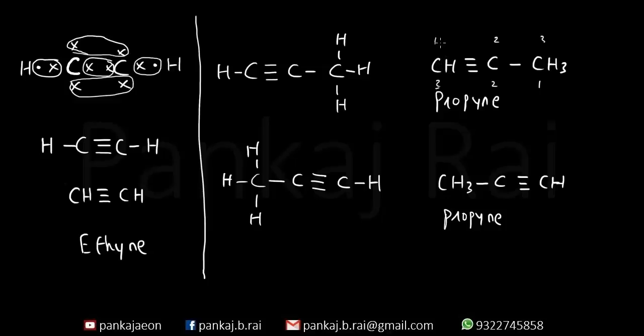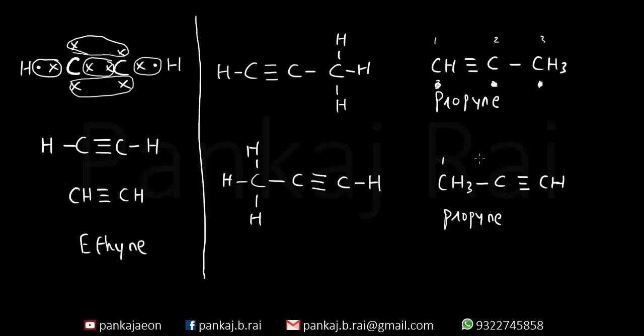And look at this one, in this, from where the numbering is beginning, which is on the right hand side, the triple bond lies between second and third, so the triple bond is beginning from 2. In this numbering, the triple bond is lying between 1 and 2, so the triple bond is beginning from 1. So this numbering is incorrect.